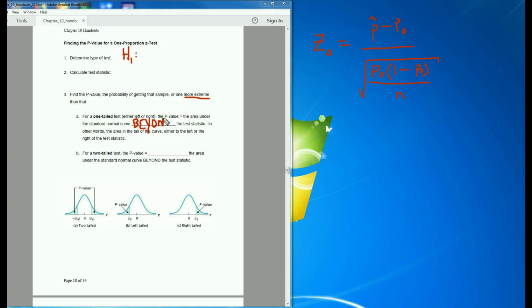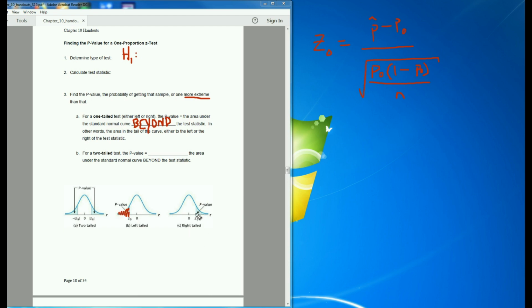In other words, further away from the center. Okay? So if it were a left-tailed test, and if your test statistic was here, then your p-value is just the area to the left of that. So you just go to the table, you look up your z-score, the area to the left, that's your p-value.